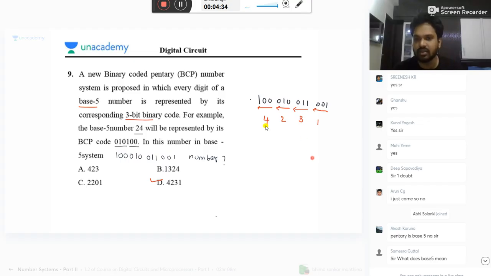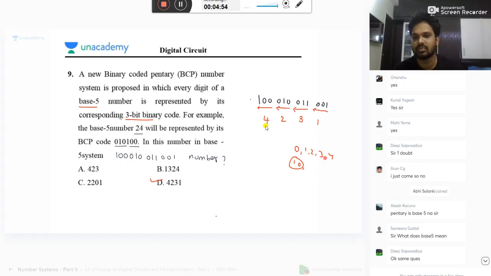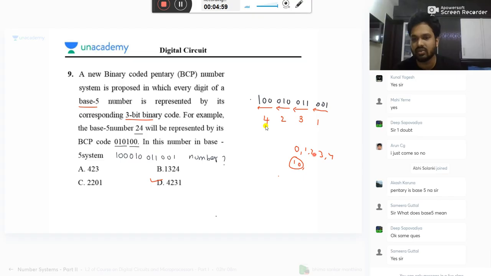In base 5, you will be having the numbers 0, 1, 2, 3, 4. 5 will be represented as 10. If you have 5, you will see the difference. 1 to 4 will be same only in base 5. Up to 4 it is the same. From 5 you can see the difference. I hope you understand this. Base is nothing but radix. Yesterday we have discussed, right? Is it clear, Deep?